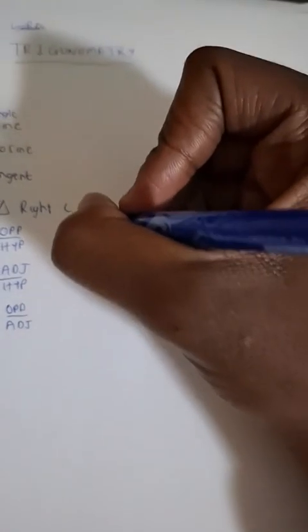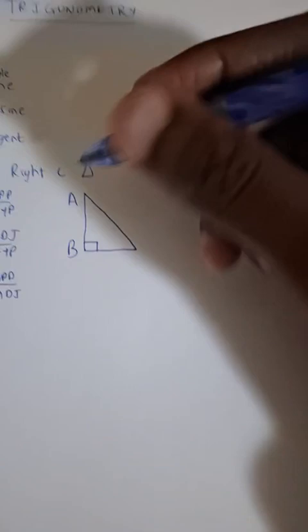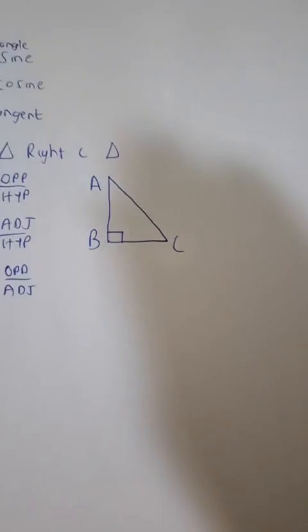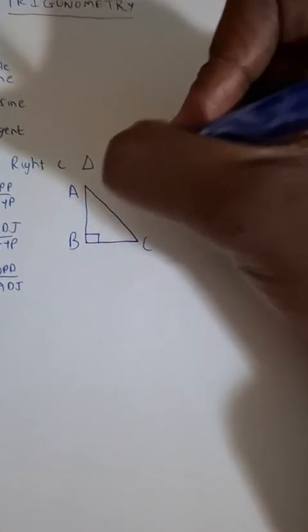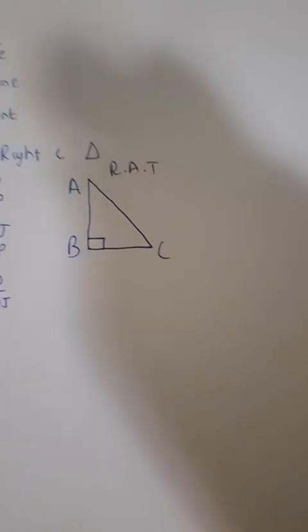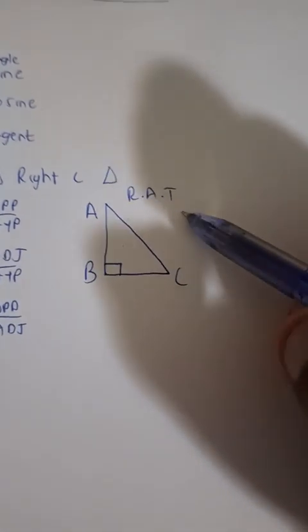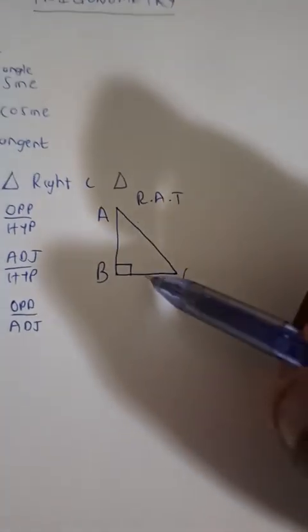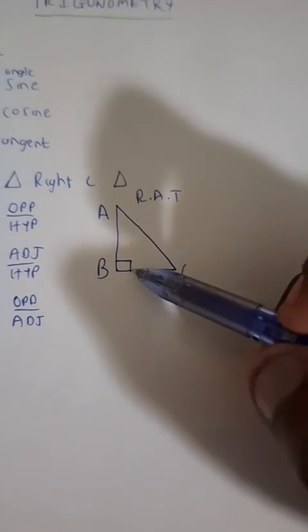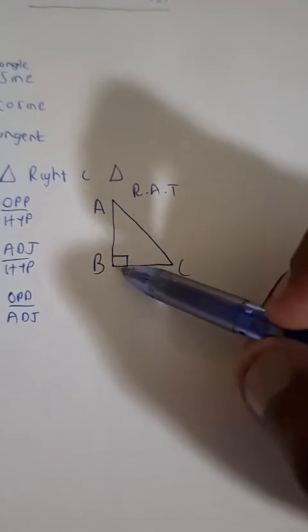Now I want to practicalize this. Let us say we have triangle ABC. This is a right angled triangle, I usually call it a RAT. In this right angled triangle we have this angle, which is 90 degrees.